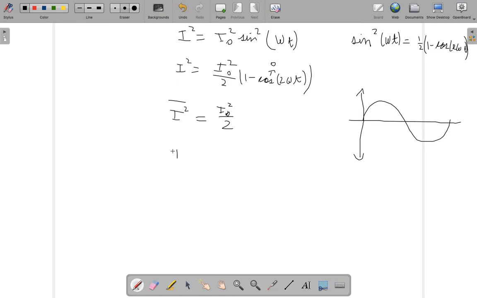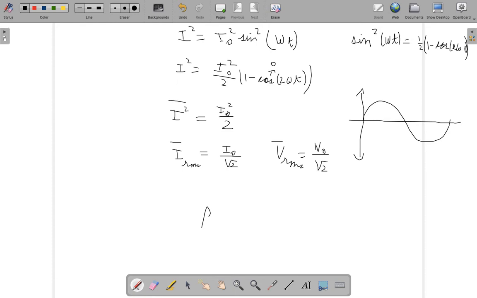So now that gives us our average current, or our current RMS, root mean square, equals I0 over root 2. You can make use of the same method in order to find out the RMS for voltage. Our voltage RMS is equal to max voltage over root 2.